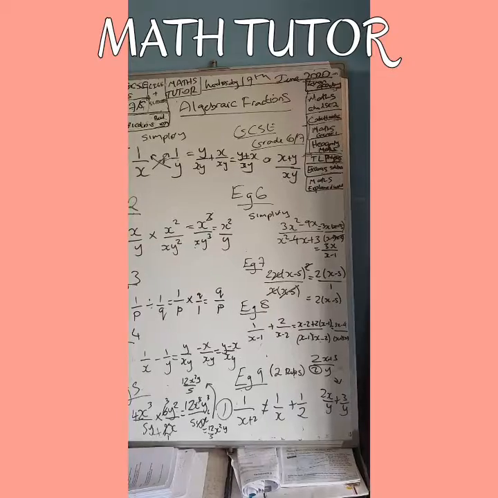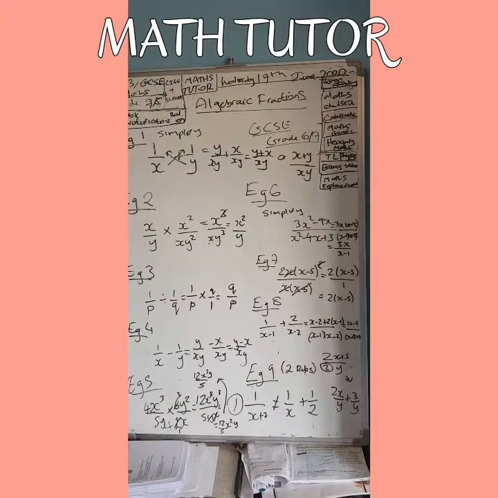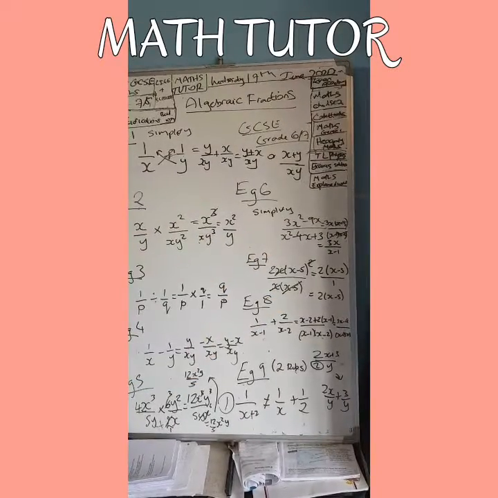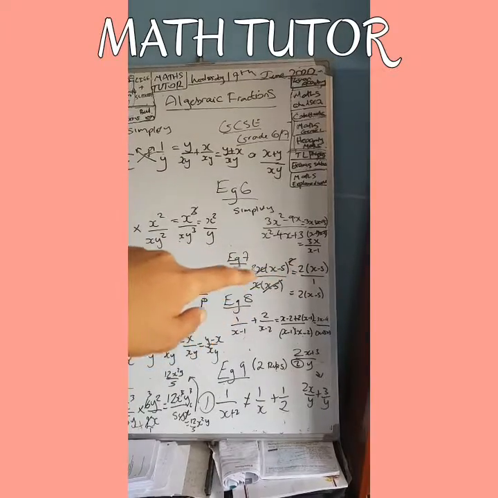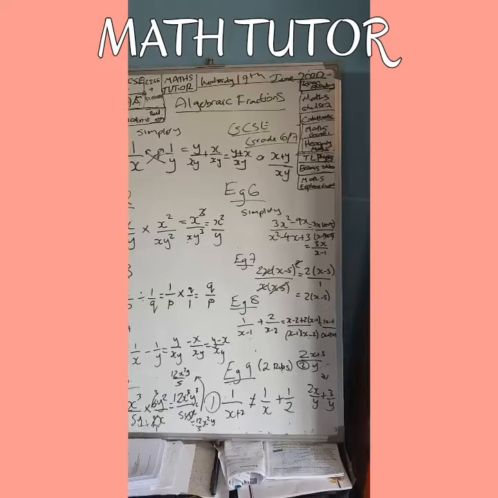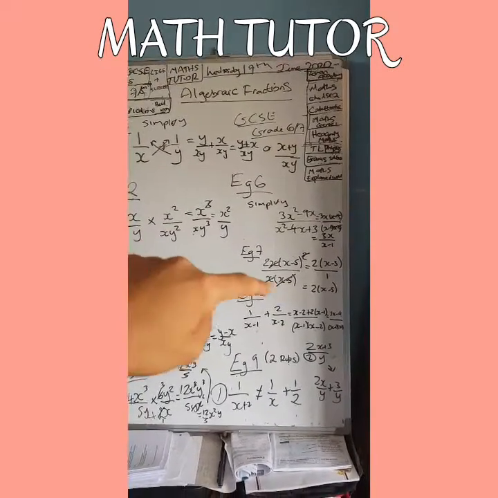Example 7: 2x brackets x minus 5 all squared divided by x brackets x minus 5. I have to simplify this. So I cancel the x and x, so I just get a 2, and I cancel one of the x minus 5s. If I ever have a product, I can cancel these down.